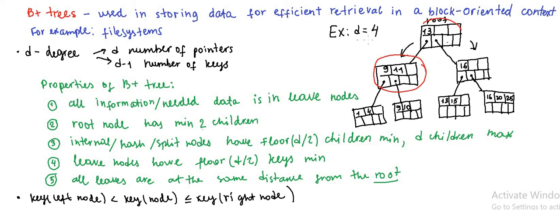So if our degree is equal to 4, then the minimum number of children the internal node should have is 2, and the maximum they can have is 4 pointers, so D children.